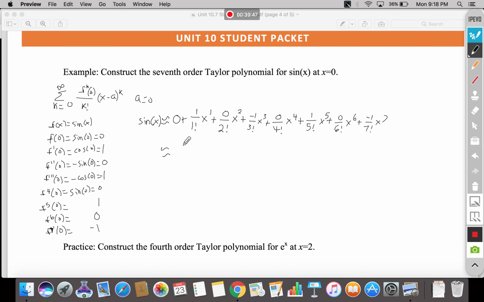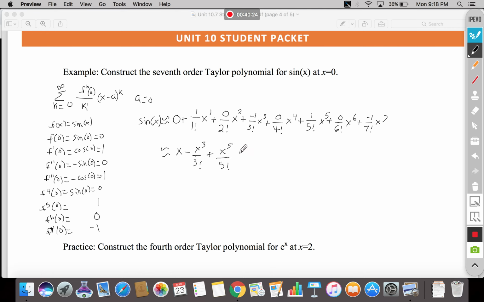We clean this up. So what does this look like? 1 divided by 1 factorial. 1 factorial is 1, so that's x. We'll lose all of our 0 terms, so this becomes minus x cubed over 3 factorial, plus, interesting, we lose that one, but we get this one, x to the 5th over 5 factorial.